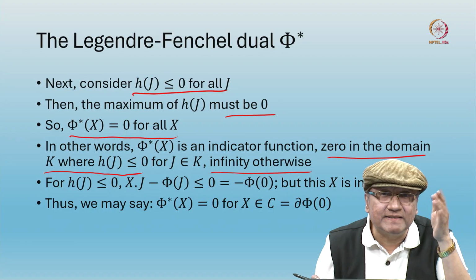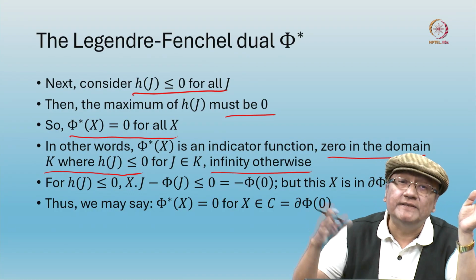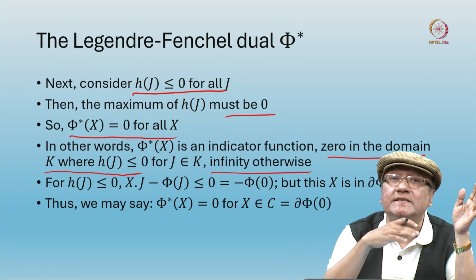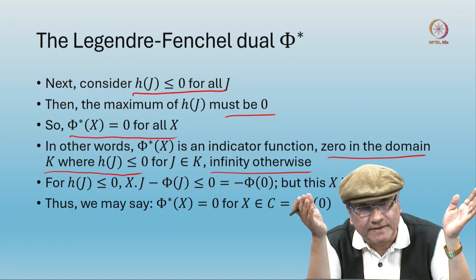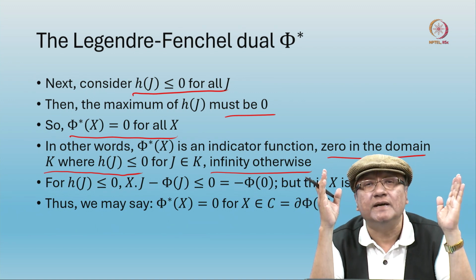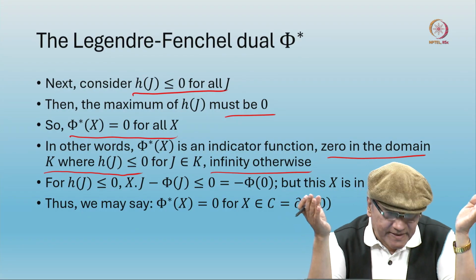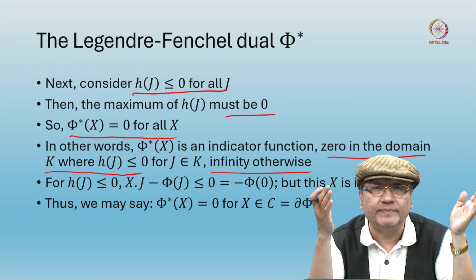Energy does not have this 1, 0 structure, but a 0, infinity structure. So 0 is the minimum of this conjugate energy phi star, and infinity is an extremely high energy in which nothing can live, because such high energies are practically impossible.